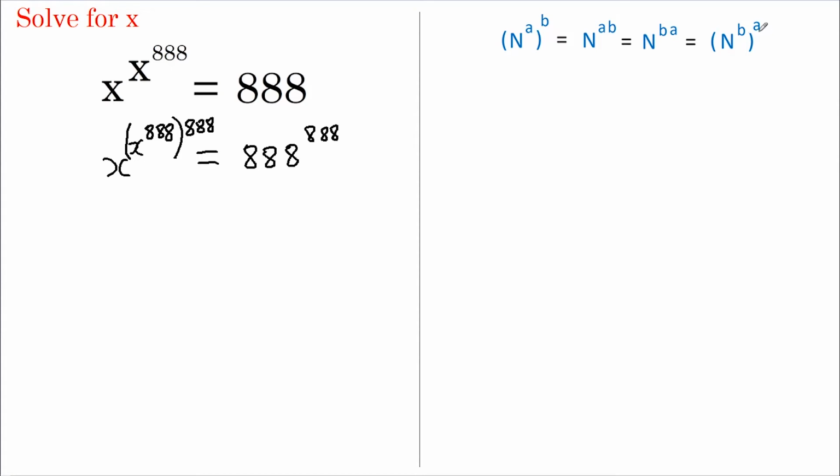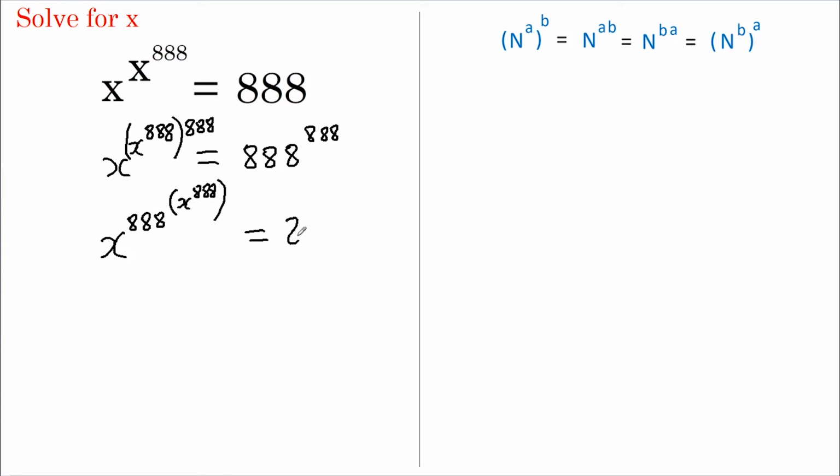Or we can switch the powers around and write that as the number to the power of b to the power of a. Now if we apply that to the left hand side, we get x to the power of 888 and then all of that to the power of x to the power of 888.